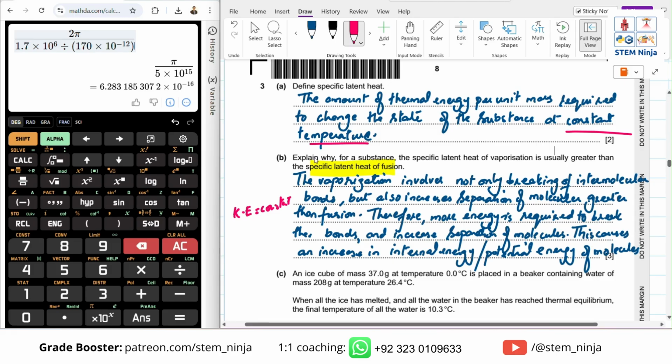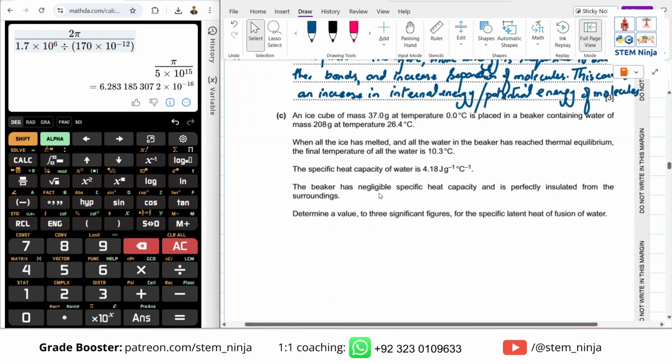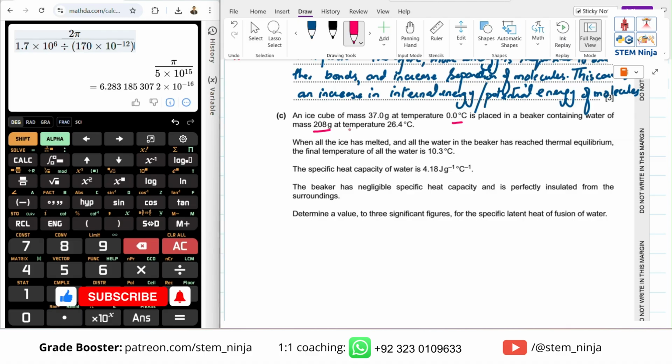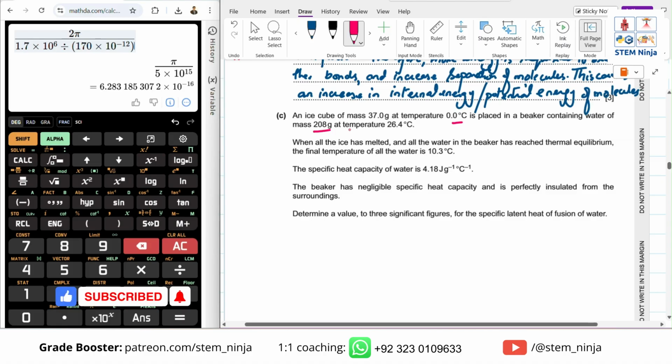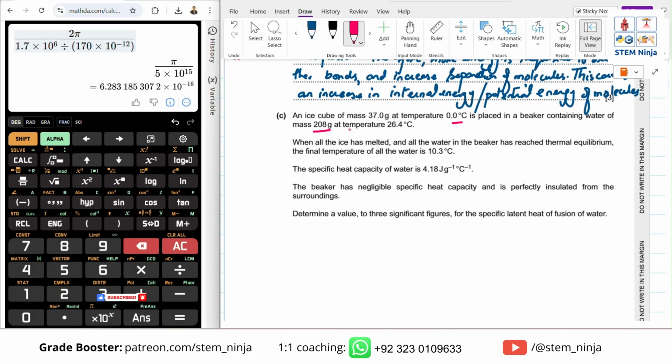Okay, an ice cube of mass 37 grams at a temperature 0 degrees Celsius is placed in a beaker containing water of mass 208 grams at temperature 26.4 degrees Celsius. When all the ice has melted and all the water in the beaker has reached thermal equilibrium, the final temperature of the water is 10.3 degrees Celsius.